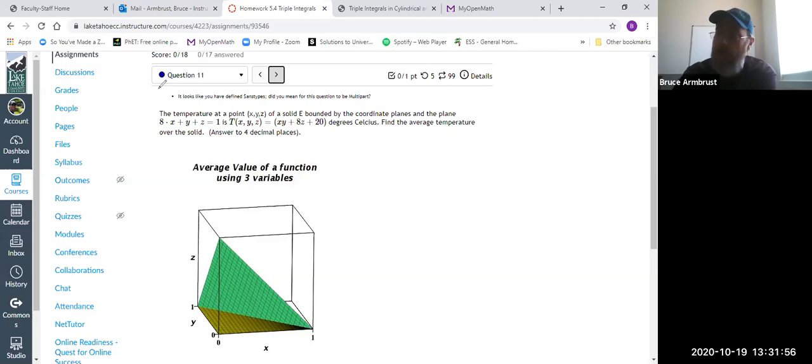Just like a double integral can be used to find the average over a region in the plane, just like a single integral can find the average value over an interval in x. So it really is the same idea as before. We just have to extend it.